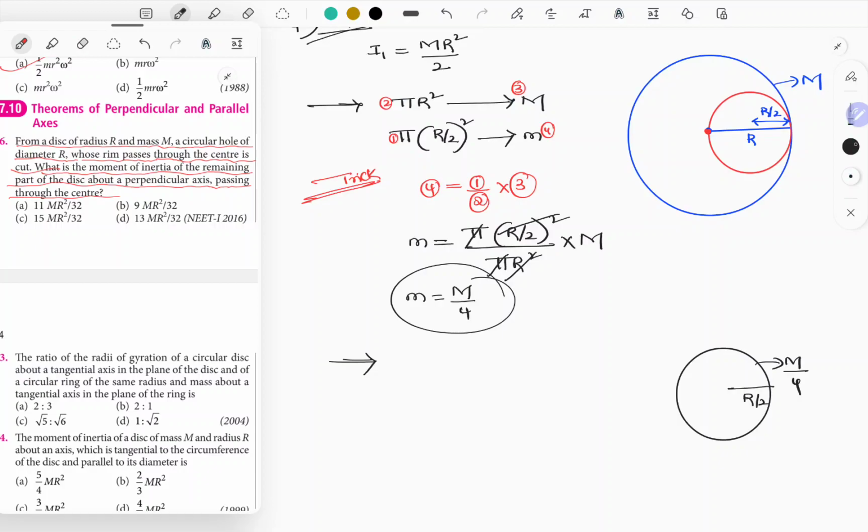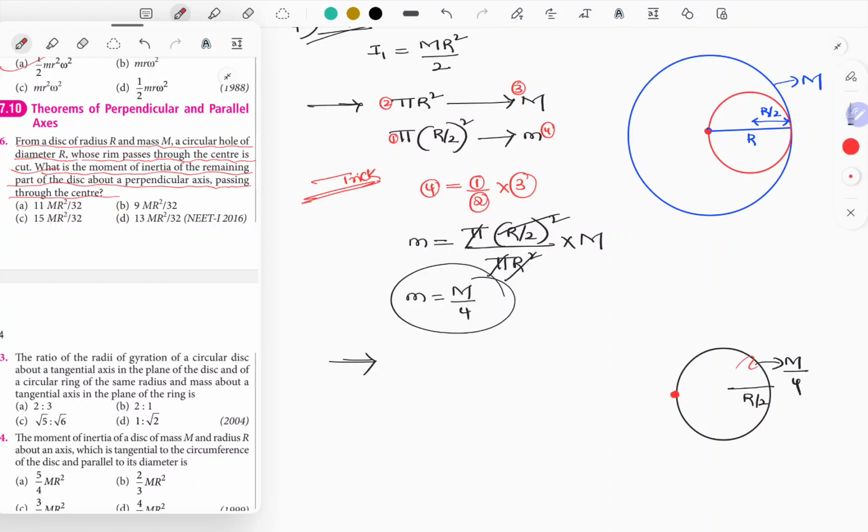I need the moment of inertia about this edge. So this is where the center of mass of the original object is, and this is the axis through which we need to find the moment of inertia. So let me find the moment of inertia about this point. Then we have to use the parallel axis theorem.